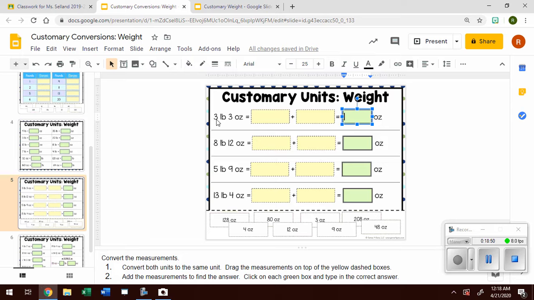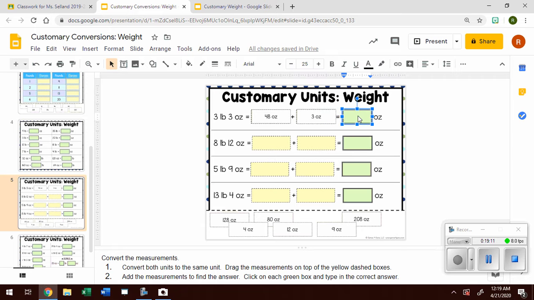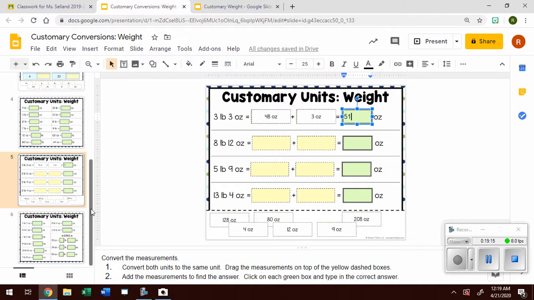Well, 3 times 16 is going to give me 48. So there's my 48 ounces plus my 3 ounces. I don't need to change that. So we're just breaking it up. And I know that 48 plus 3 is 51.